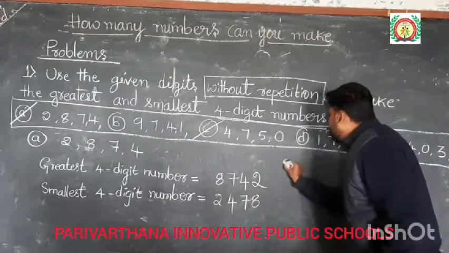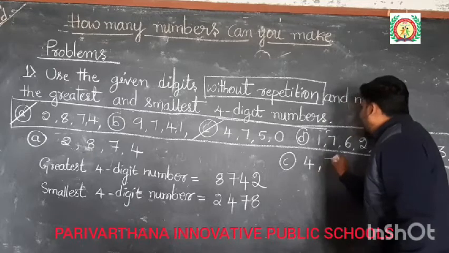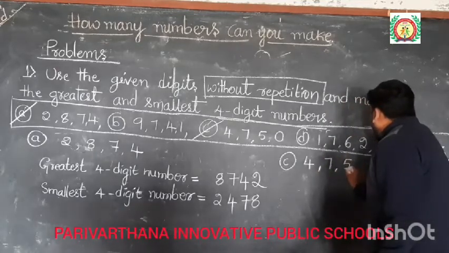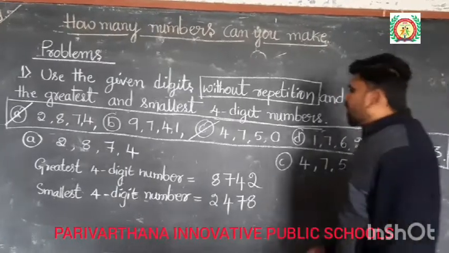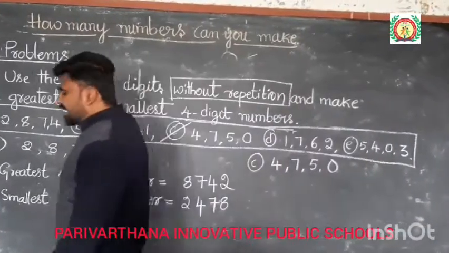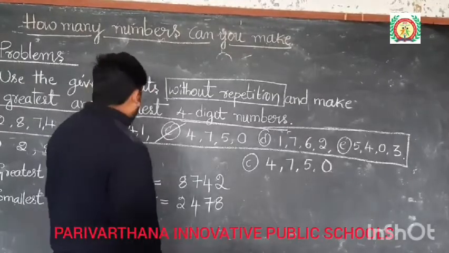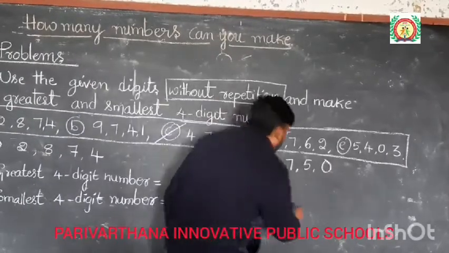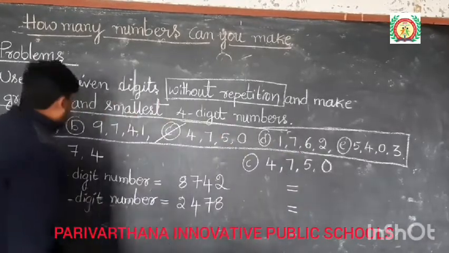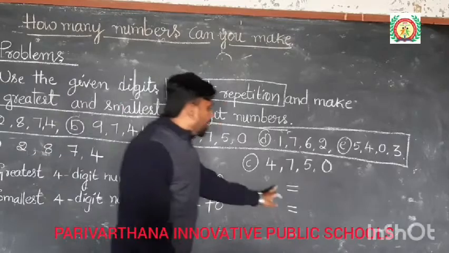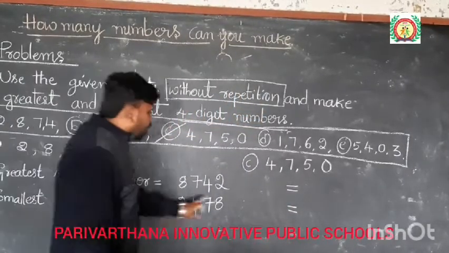The second one, C, that is 4 7 5 0. Clear? Here for the greatest number, same as before, you have to write the sentence: greatest 4 digit number is equal to, and afterwards smallest 4 digit number is equal to.